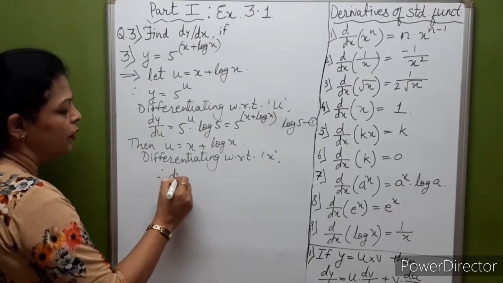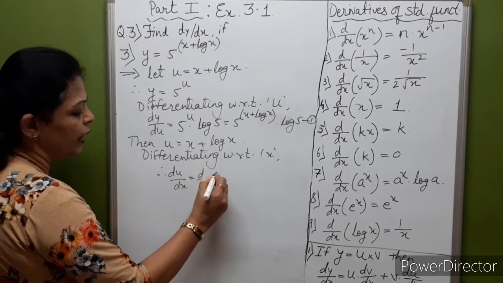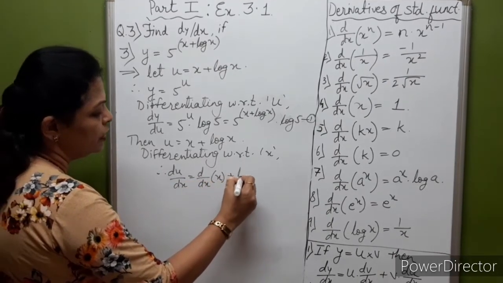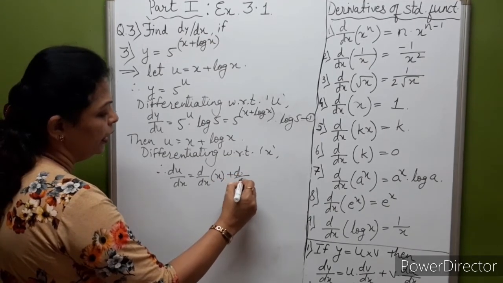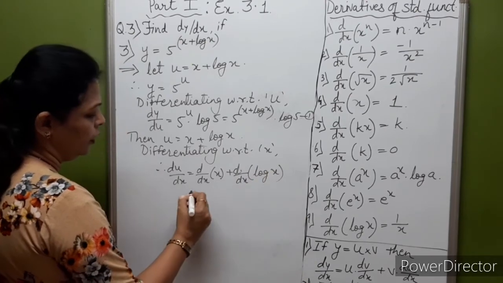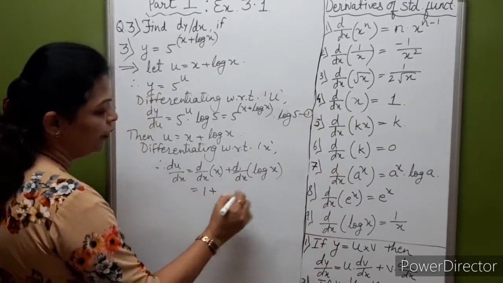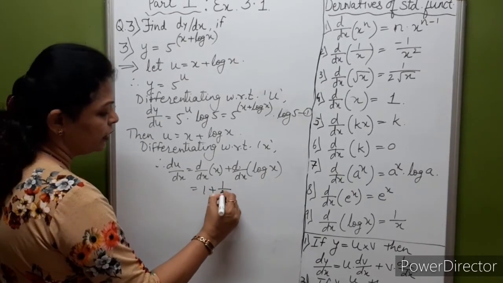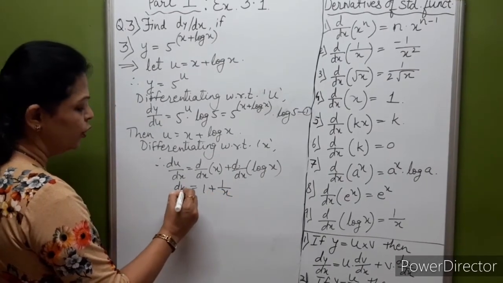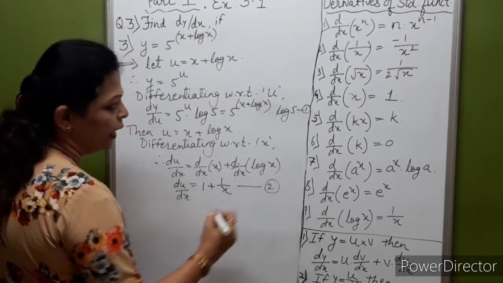So you get du by dx as d dx of x plus d dx of log x. So the derivative of x is 1 and the derivative of log x is 1 upon x. So you get du by dx as 1 plus 1 upon x.